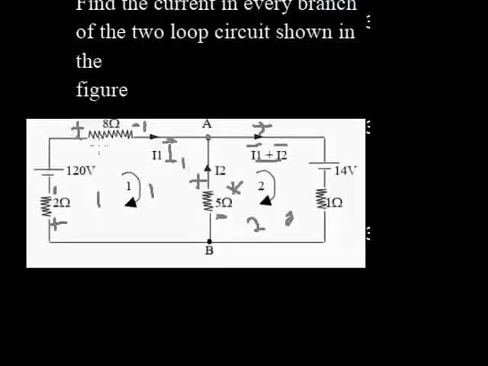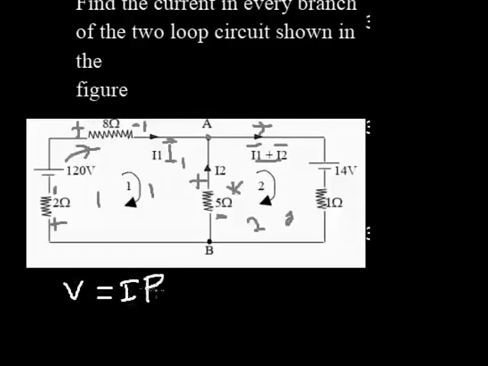Moving from the positive, I want to go clockwise. I encounter the 8 ohm resistor, positive first, so the voltage is positive. According to Ohm's law, voltage is always equal to IR.